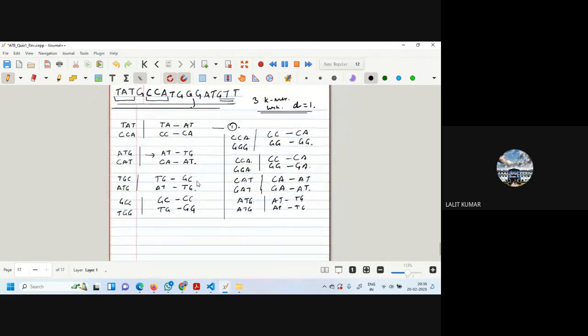ATG. So we have come now to TGG and ATG, TGT: TG, GG, TG, GT. And this will be the last one, GGG, and this will be GTT. So GG, GG, GT, TT. Okay, so we have got all this.